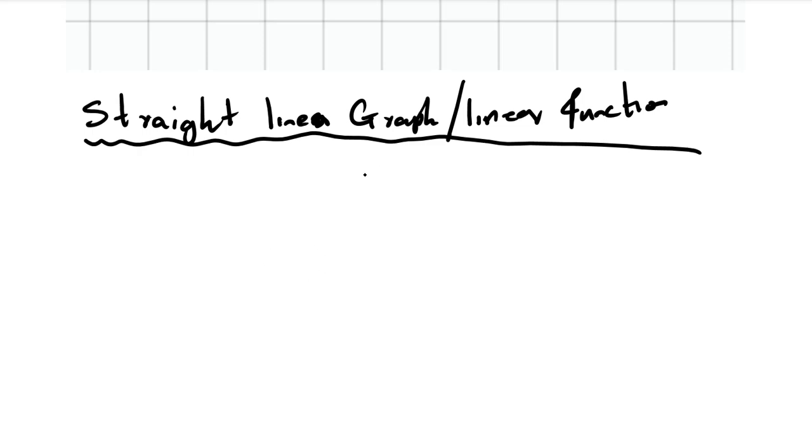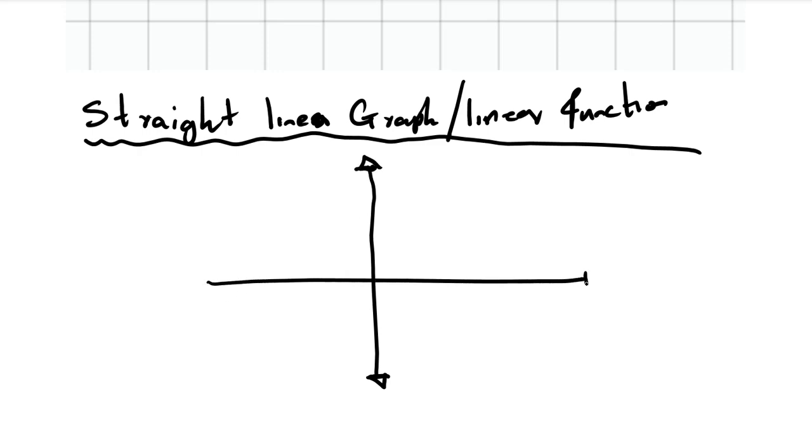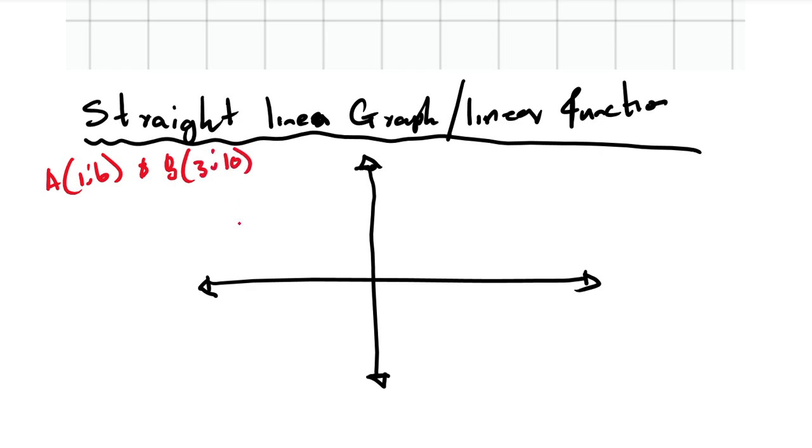Okay, let me draw a straight line graph here so that anyone is able to see. This is our Cartesian plane. Let's take point A, whose coordinate is (1, 6), and then point B, whose coordinate is (3, 10).